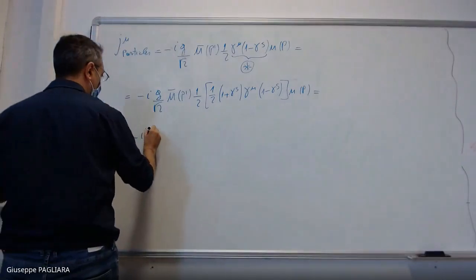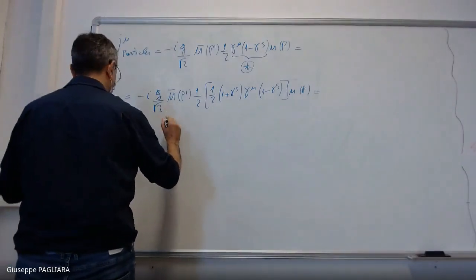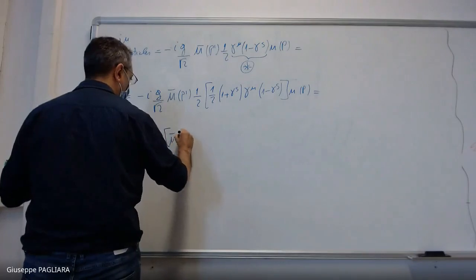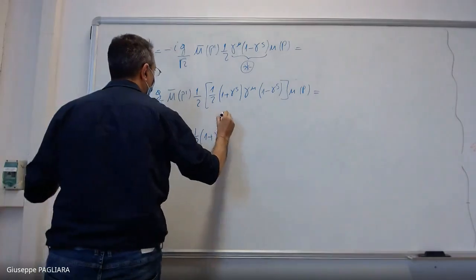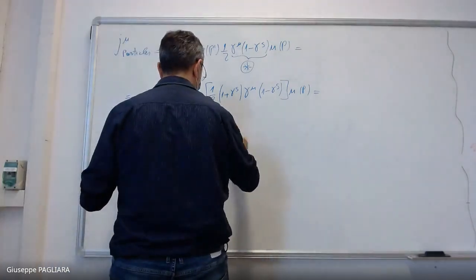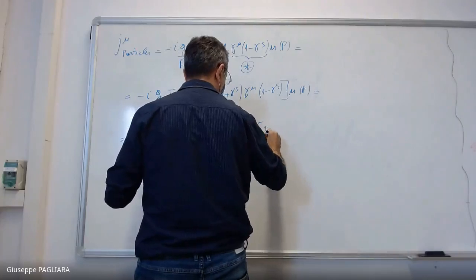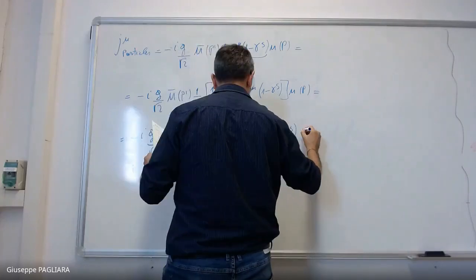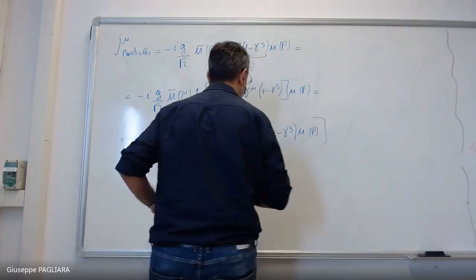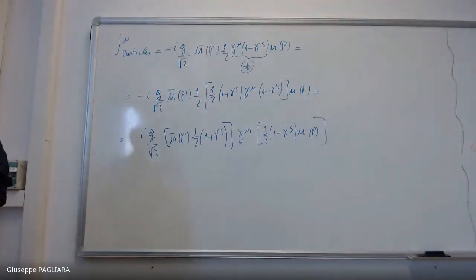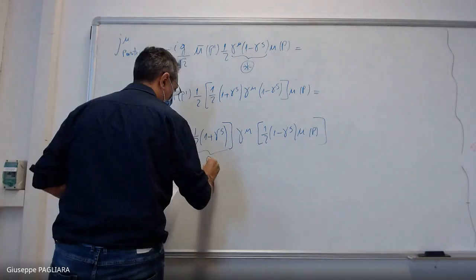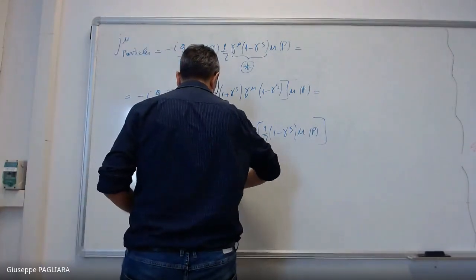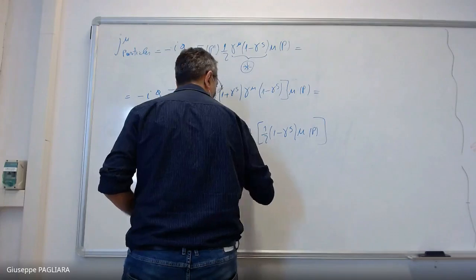So this is minus iG over root 2, then we have ū(p') 1/2 (1 + γ5) γ^μ 1/2 (1 − γ5) u(p). Now, this is the right chiral projector, and this is the left.